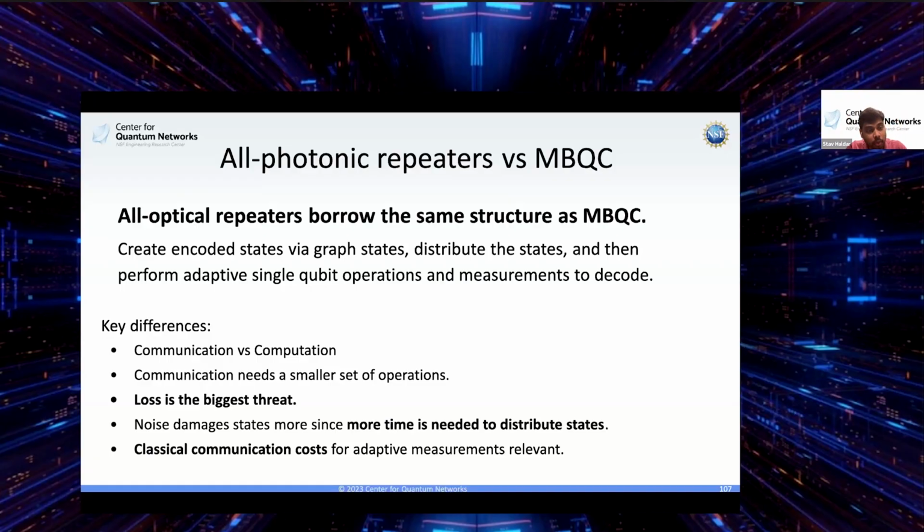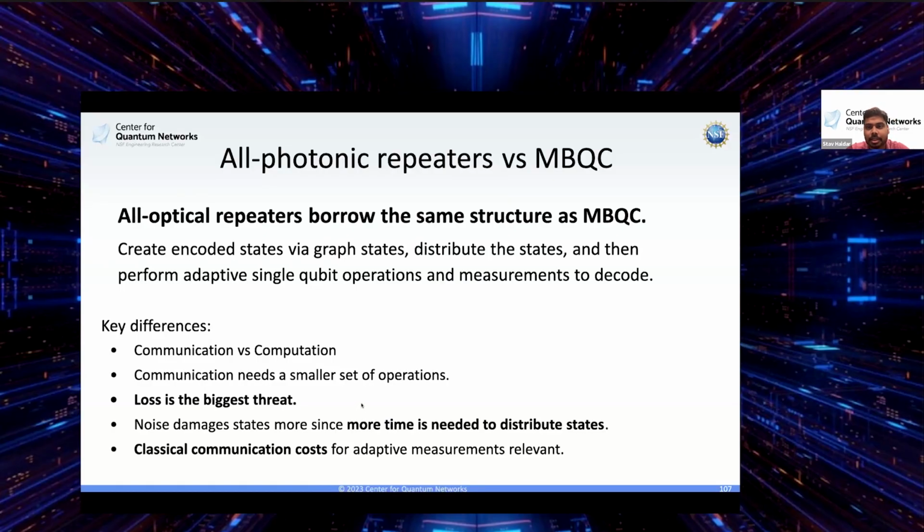But for quantum communication, as Prateek was discussing in the 0G, 1G, 2G, and the one-way, two-way architectural comparisons, one of the key things to worry about really is this classical communication cost, right? For example, in distillation, because you have to do two-way classical communication, that is very prohibitive, right? Because while you wait for that communication to happen, everything just decays, right? Whereas in one-way schemes, because you don't have to do that, things are nice. So here we have to think about the classical communication time of adaptive measurement.